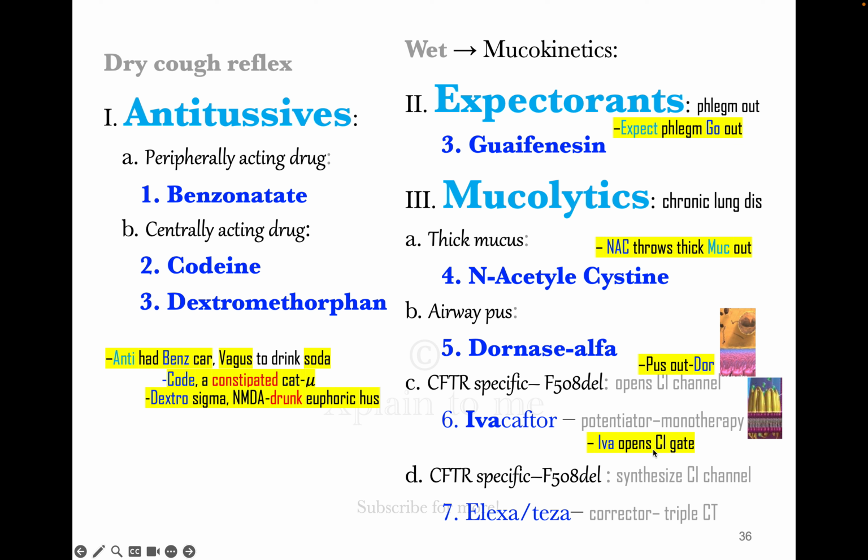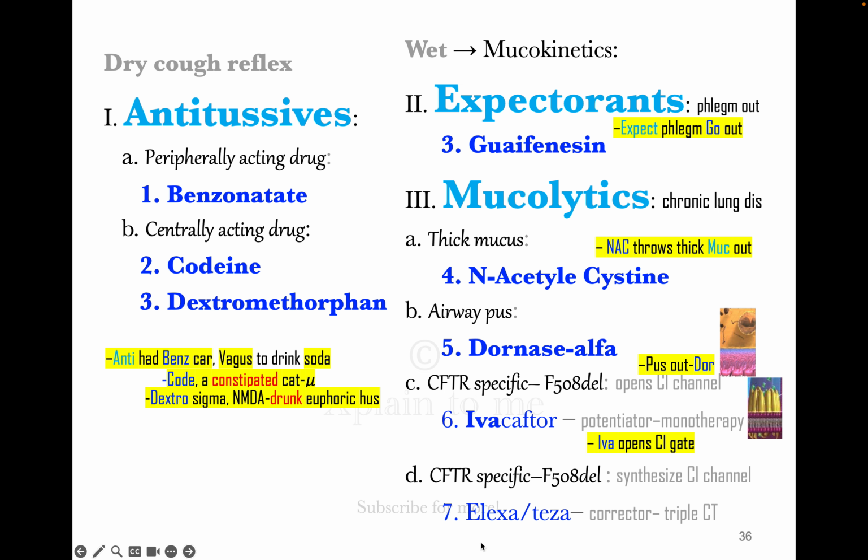In that condition, to open the chloride channel, you can give a potentiator, even as monotherapy, Ivacaftor. But if you don't have a functional chloride channel, you have to give the triple combination therapy. You can give those three drugs as a combination. These are specific to cystic fibrosis.